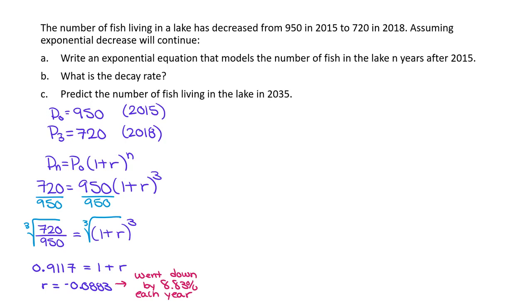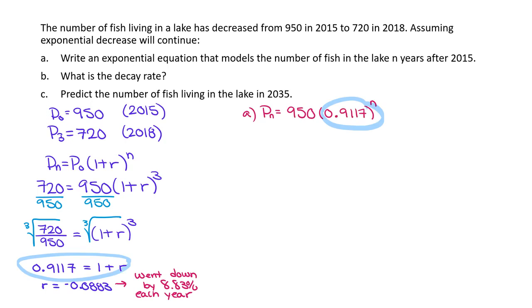All right, back to the problem. What are they asking me for? Part A is asking me to write the equation. And so my equation is Pn equals initial value, which is 950. And then the 1 plus r, I have it circled in blue, but the 1 plus r is actually that 0.9117.